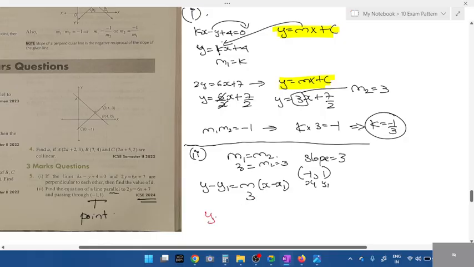So y minus y1, that is y minus 1, is equal to 3 into x minus of minus 1.